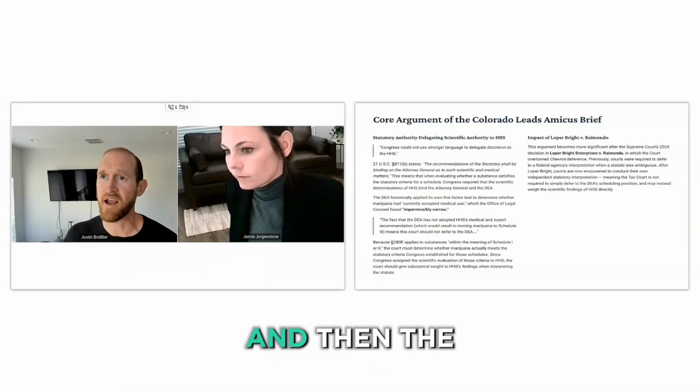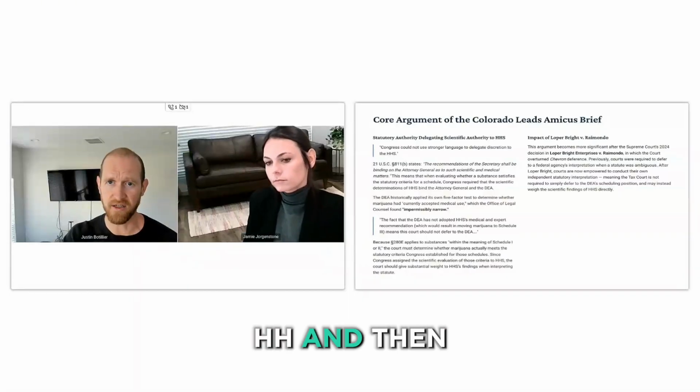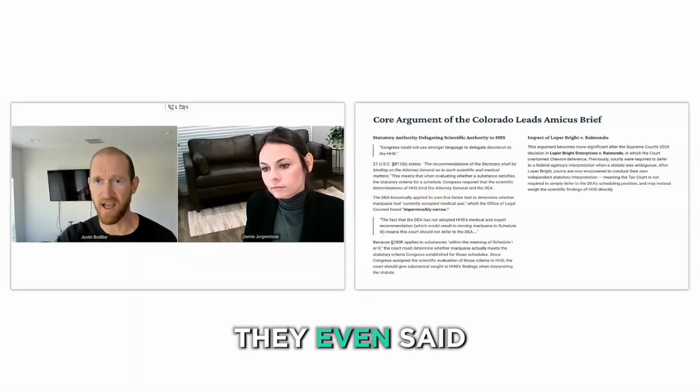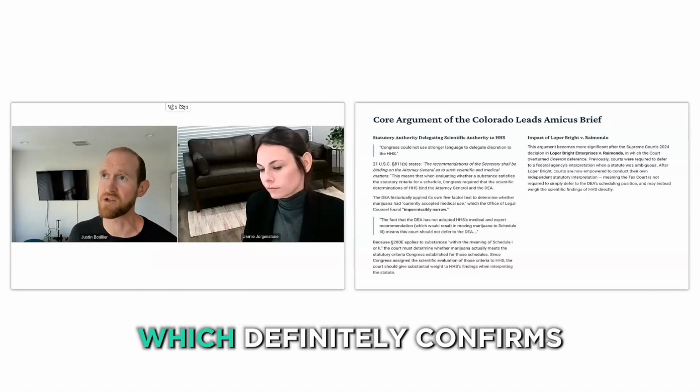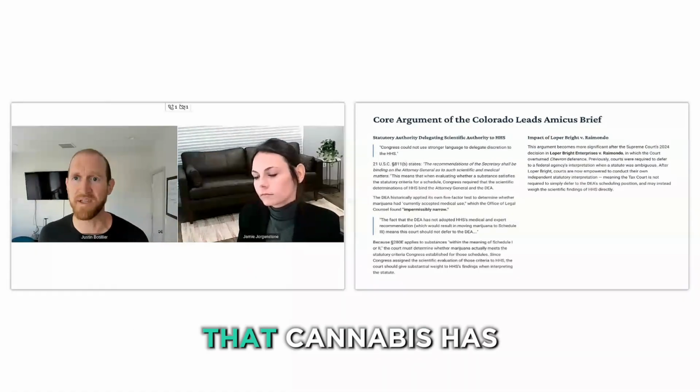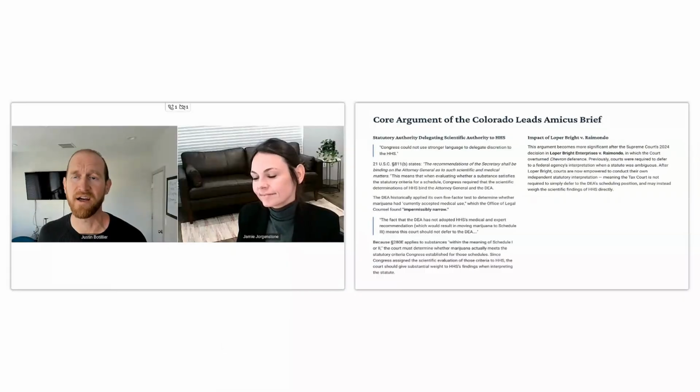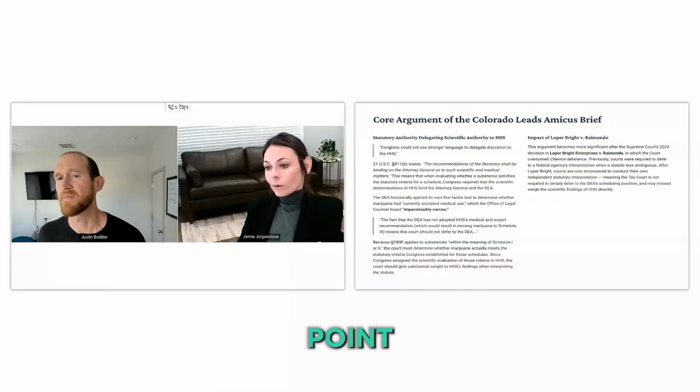They also said it ought to use the HHS's 3-part test, which definitely confirms that cannabis has medical benefit.